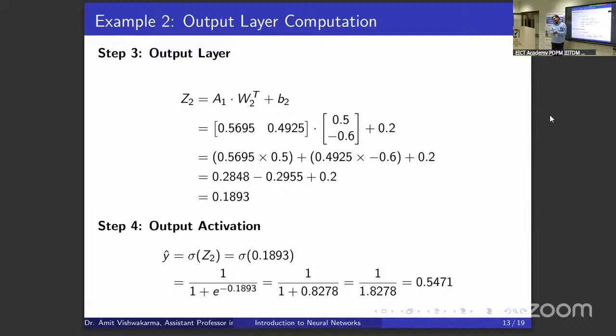A1 has now become X, and then B2 is the bias. We put in all the values and we will obtain Z. Clear? And then the output activation function is sigma of Z.